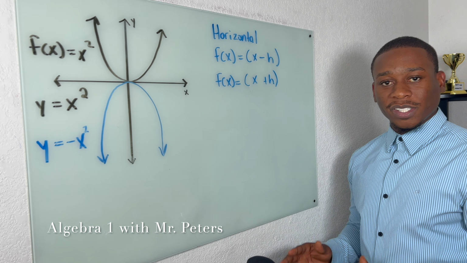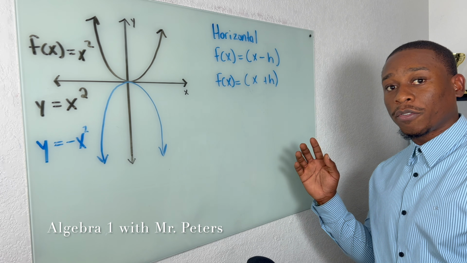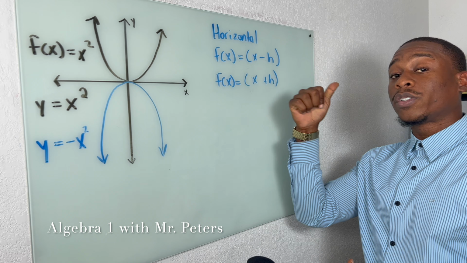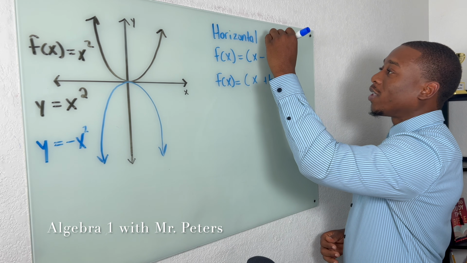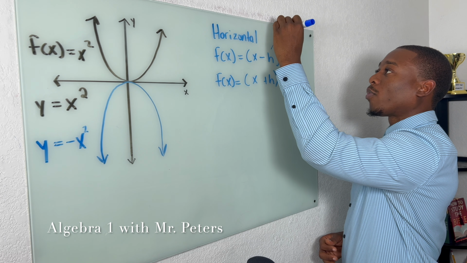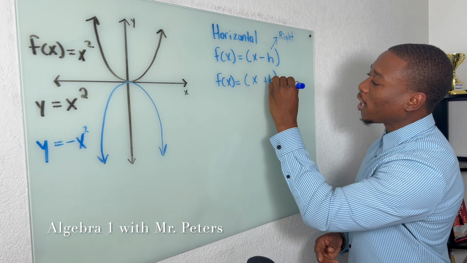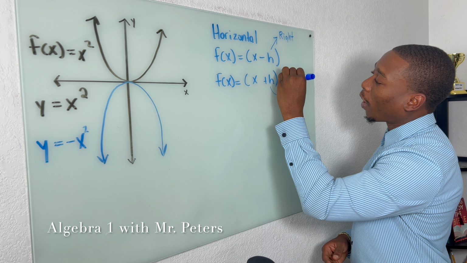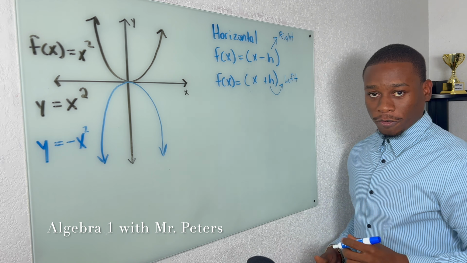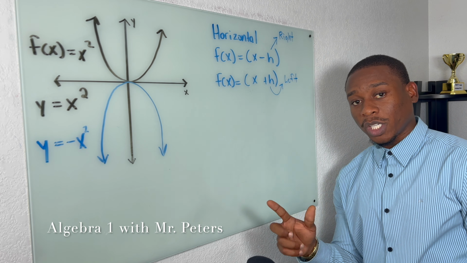This is either going to shift the graph to the left or to the right. When it's minus h, guys, just remember that we're shifting our graph to the right. And when it's plus h, we're going to shift our graph to the left. So that's our horizontal shifts.